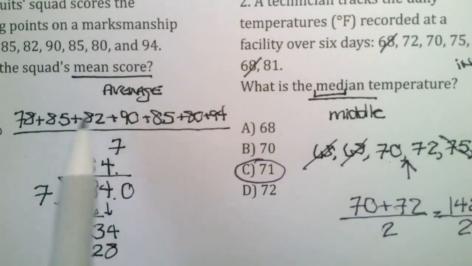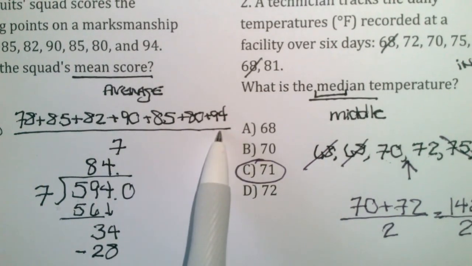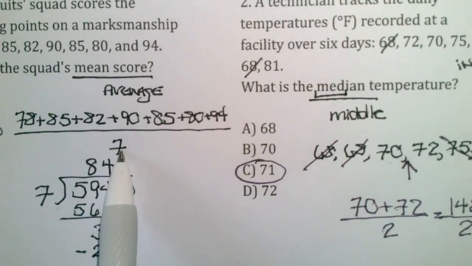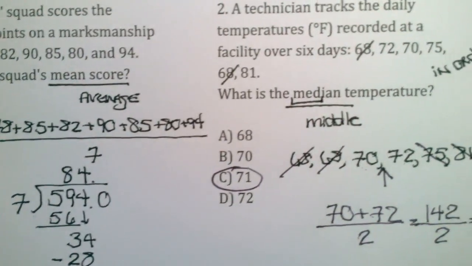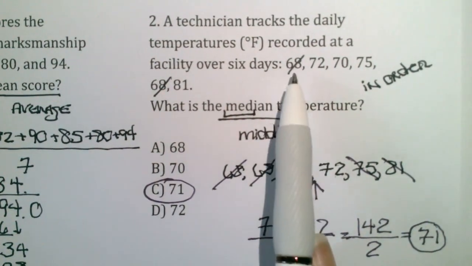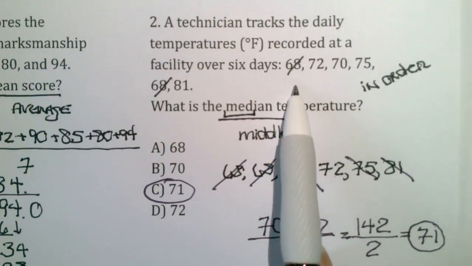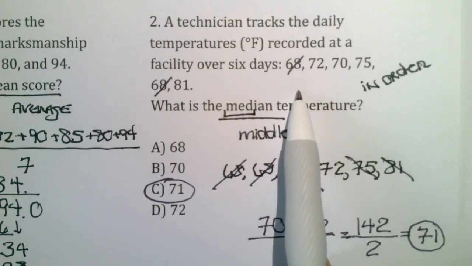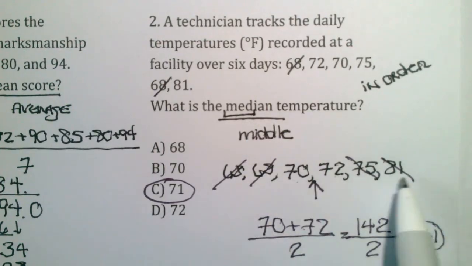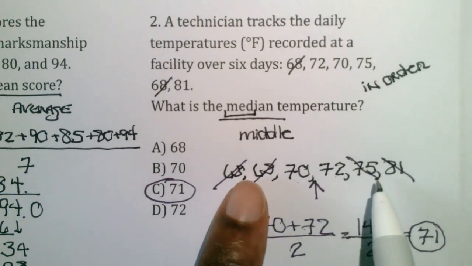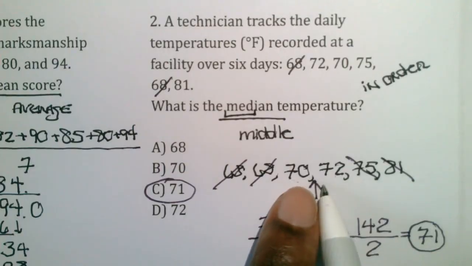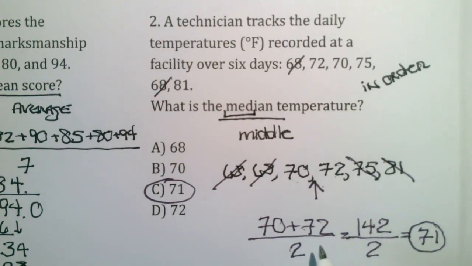For the mean, you don't have to put your numbers in order because you're going to just add them up and divide by how many numbers are in that set. Whereas the median, order matters because you're trying to find the middle, so that means you need to go from low to high and then count towards the middle. Okay? Yep, middle of the road.